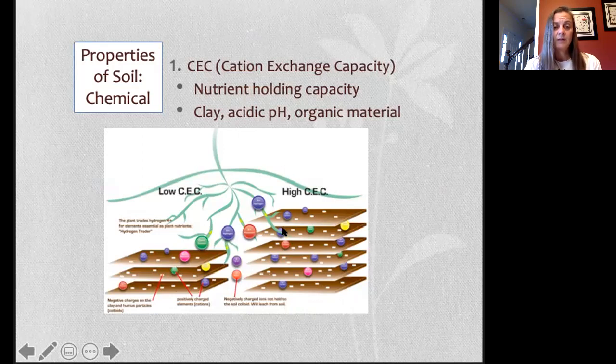These tend to be slightly acidic, and they are capable of holding on to a lot of the nutrients that plants need, because a lot of the nutrients that plants need have a slight positive charge, which means that they're attracted to that negatively charged soil. Clay tends to increase this cation exchange capacity, as does organic material. This is why we want some clay in our soil so that it can help to hold on to those nutrients, but not so much that it prevents it from draining well.